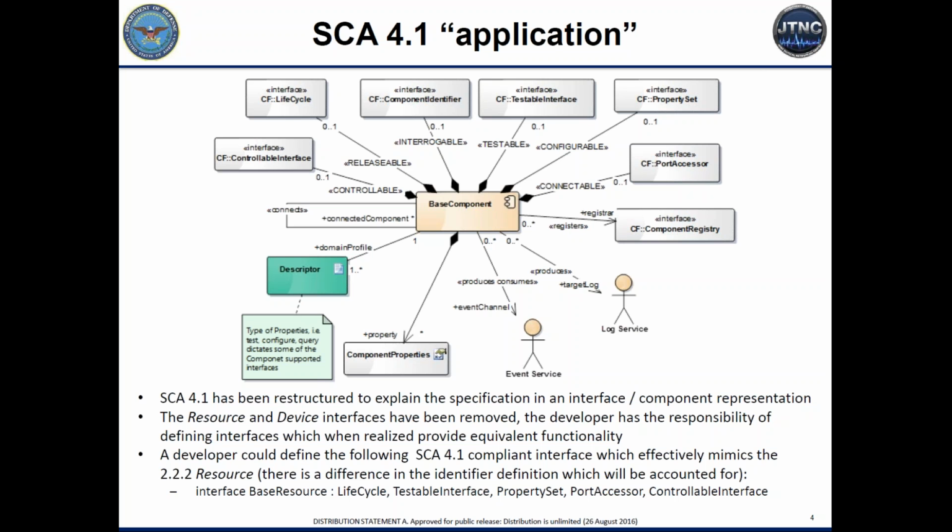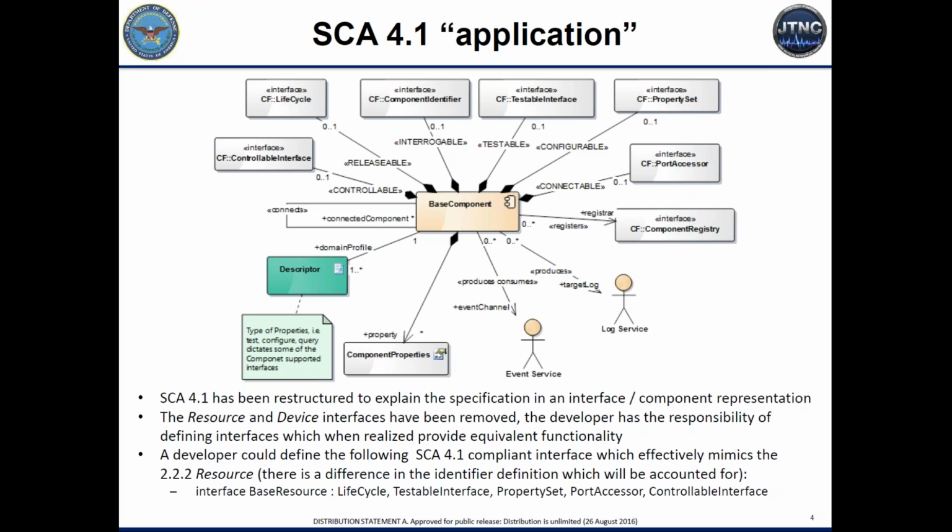Remember, this is a transition approach geared towards just getting an apples to apples move. So when I have application components, they will end up being monolithic in nature. They're not going to try to take advantage of the fact that in a 4.1 SCA compliant component, you can utilize that optional composition approach and say, well, my application components don't need to support the testable interface, or they don't need to be controllable, or whatever.